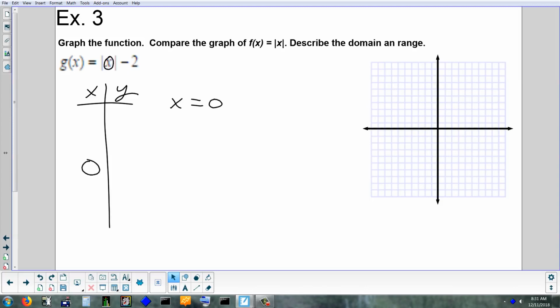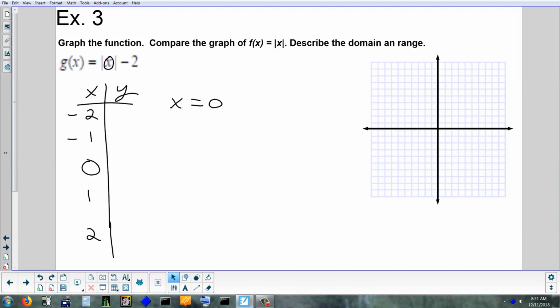Still got to put some more stuff in that x column. Above it, you should put -1. Or -2 and -1. Do -2, -1. Need a little bit more. 1 and 2. And now, what do I do with all 5 of those? Well, you only have to do it with 3 of them, and then you're going to see a pattern.